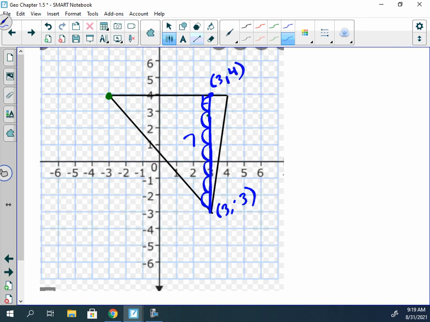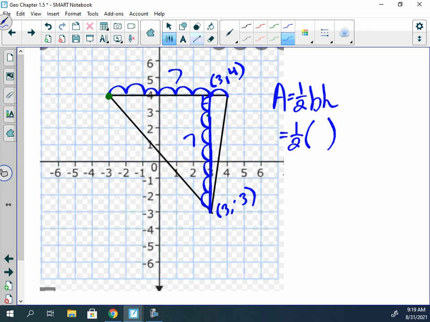And the side that this connects to and makes a right angle is the base, which would be up here, 1, 2, 3, 4, 5, 6, 7. Well, the base and height are both 7.